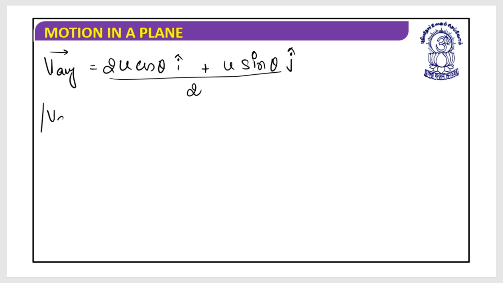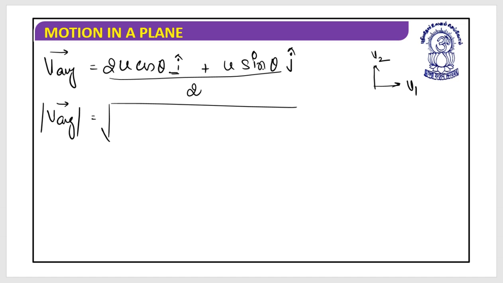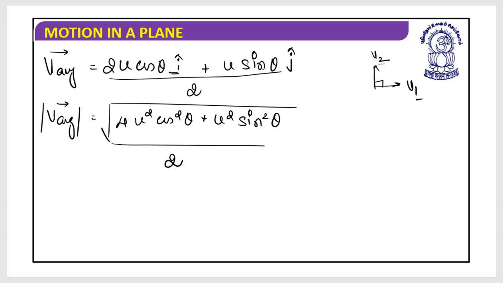The magnitude of v average would be the square root of this, because this is the first vector along i cap, and this is the second vector, and the angle between these two is 90 degrees. So this is 4u square cos square theta plus u square sin square theta, divided by 2, which would remain as it is.